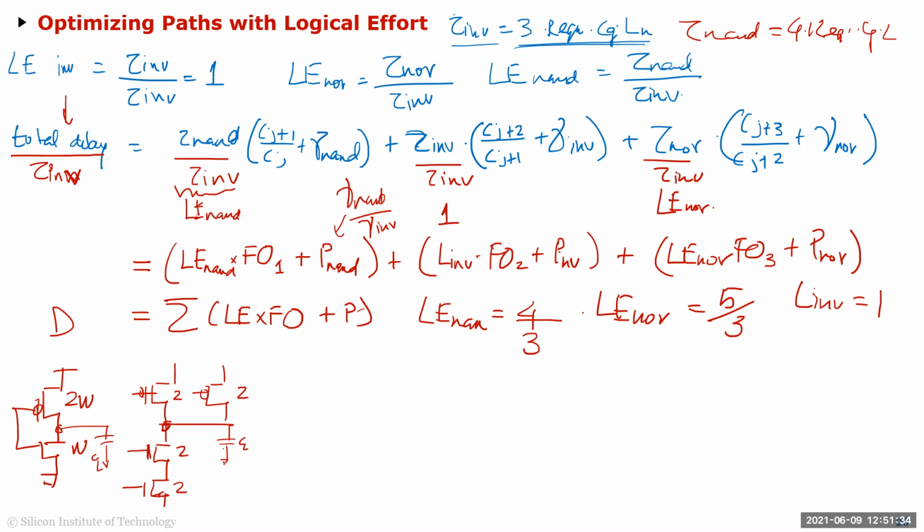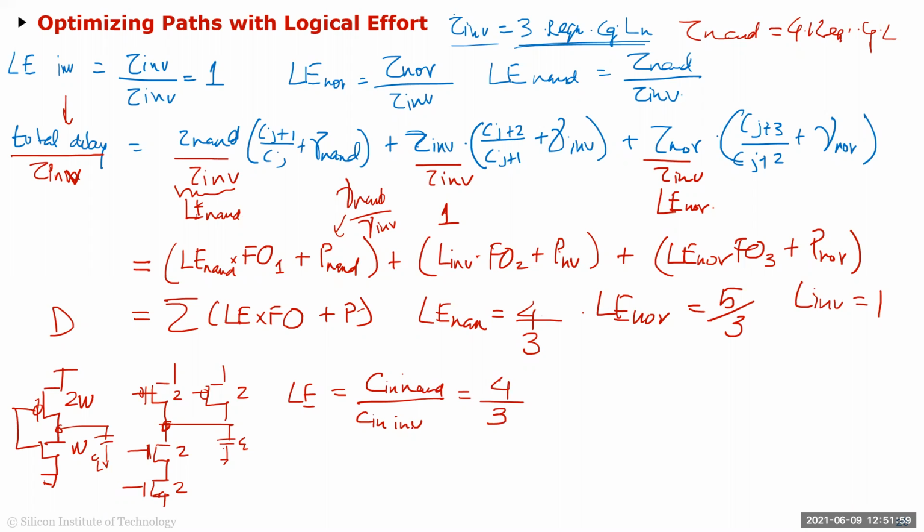Then the logical effort is basically the ratio of the input caps. So C input of NAND divided by C input of inverter. For example, here you can see it's 2 plus 2 is 4, and then 2 plus 1 is 3 for the inverter, so 4 by 3.